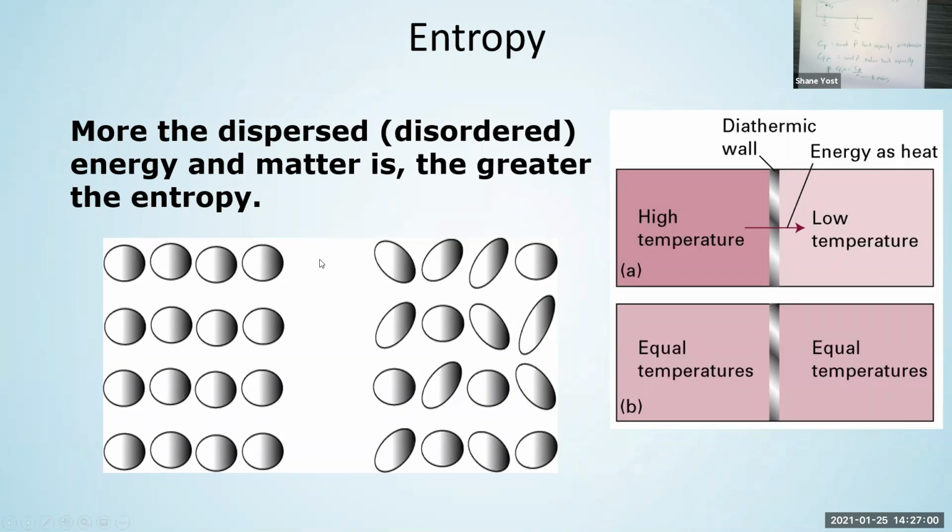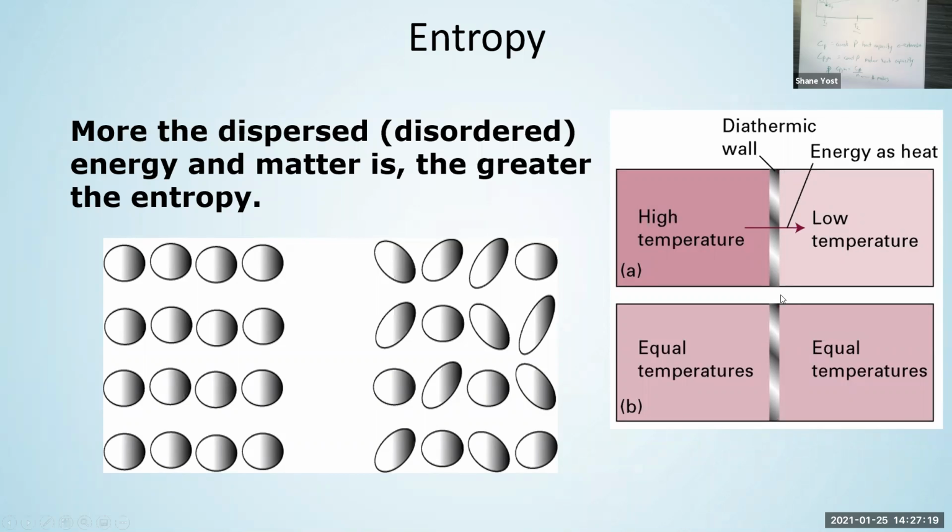So I have an example of a perfect crystal versus some crystal with disorder and things rotated around a little bit, in which case the left side has lower entropy than the right.